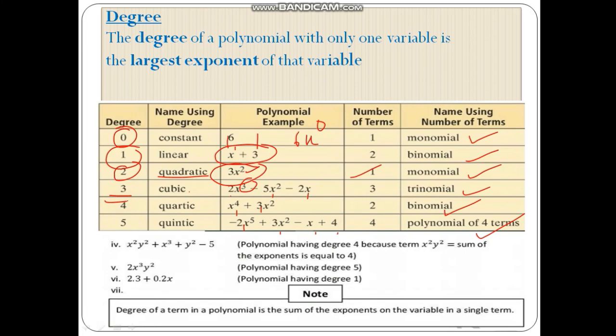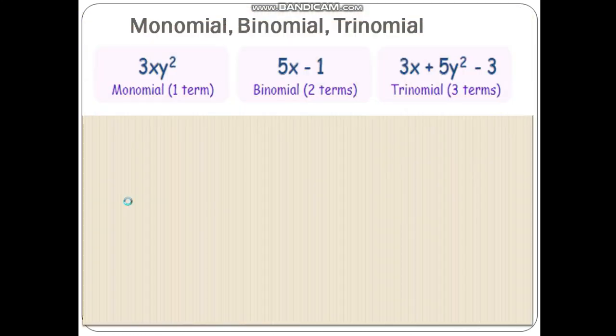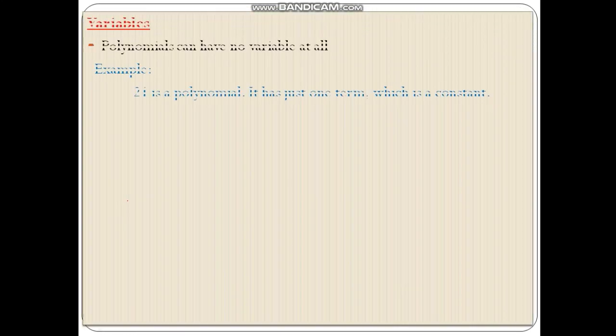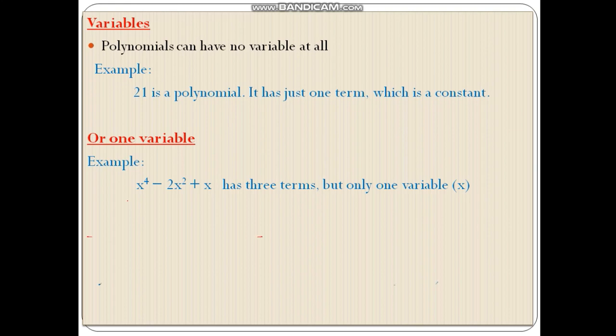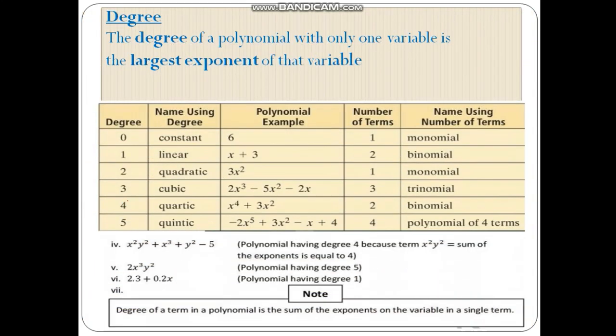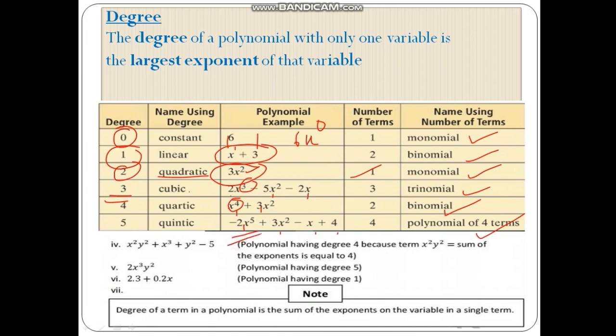Here the highest order is 4, so the degree of the polynomial is 4. And here the variable having 5 is the highest power of the variable.